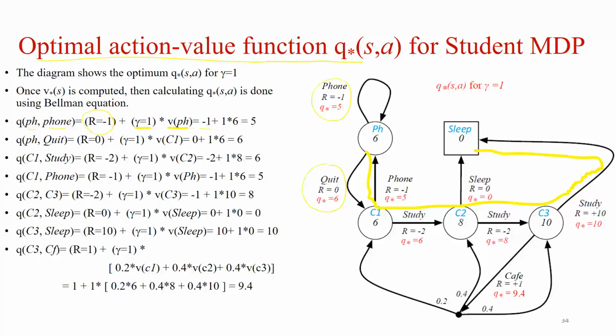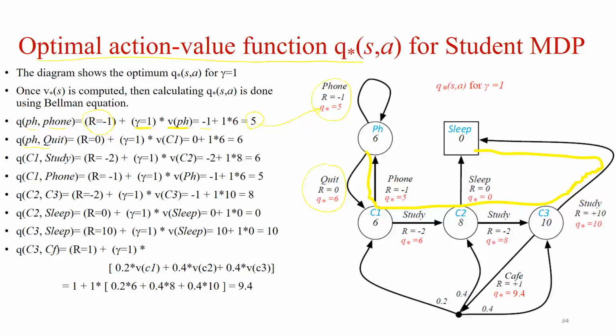So minus 1 plus 1 times 6 puts me at 5, and this is the optimal action value for the action of leaving the phone state using action phone.